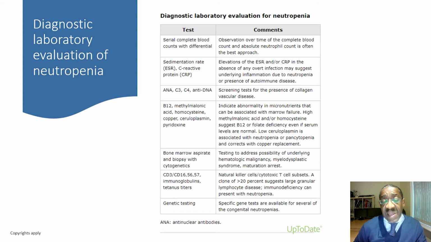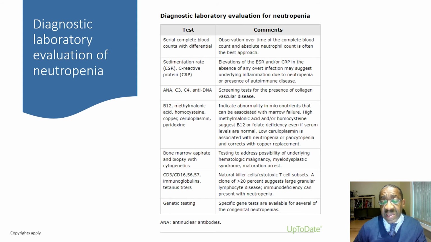Less commonly, mineral deficiencies. A bone marrow examination is not infrequently required, importantly to exclude infiltrative disorders as well as hematological malignancies such as myelodysplasia and acute myeloid leukemia. Immunophenotyping can be very helpful. A particular condition associated with neutropenia is large granular lymphocyte leukemia.